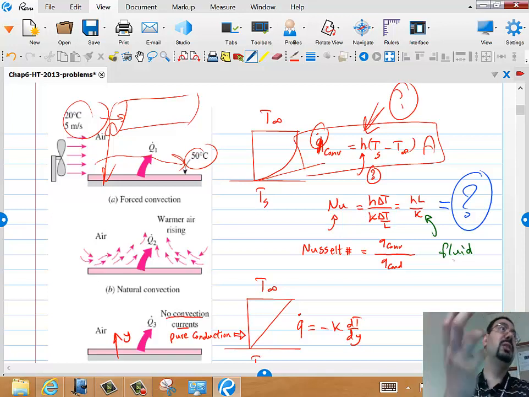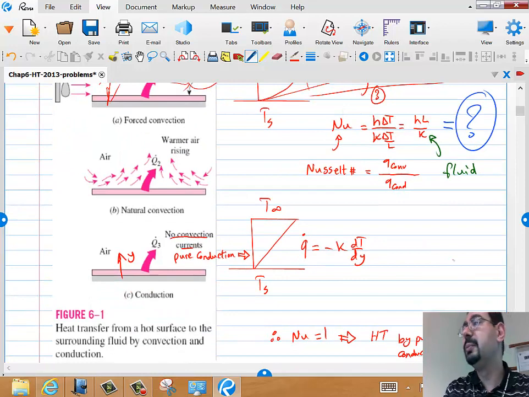So don't give me an H that's negative. You flip the temperature if the hot side is actually the air, not the surface.